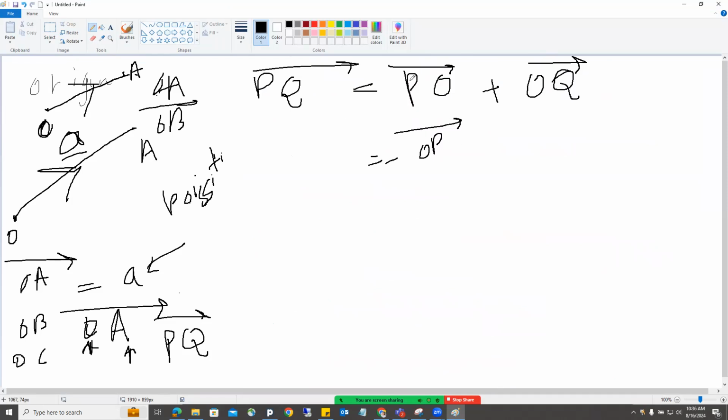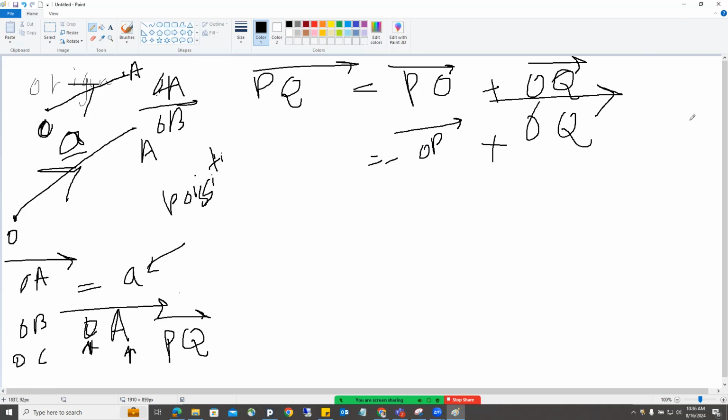If we change the direction of this, then we need to put a negative on it, because the direction got changed to the opposite. So minus OP plus OQ. That is the final answer.